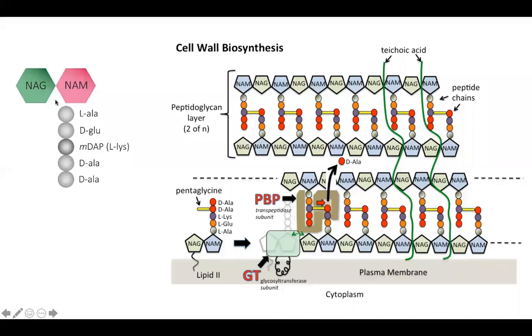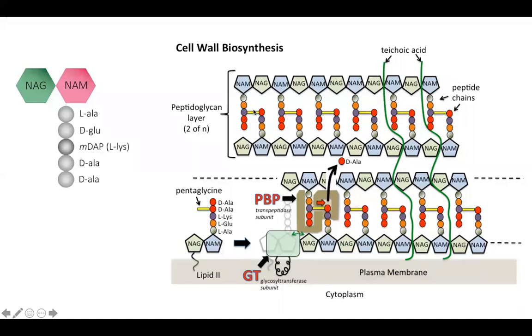And remember, we said that NAM carries a short peptide. We have the generic short peptide, but sometimes it changes depending on the bacterium. Generally, you have L-alanine, D-alanine. So remember what it stands for. We covered this when we were looking at the cell wall. And what makes the bacterial cell wall so strong?